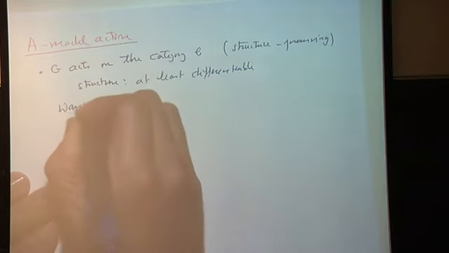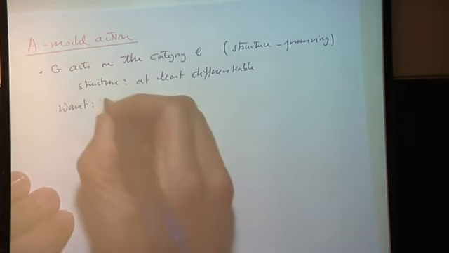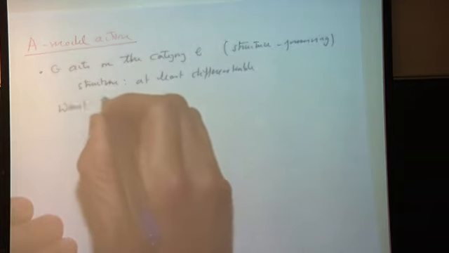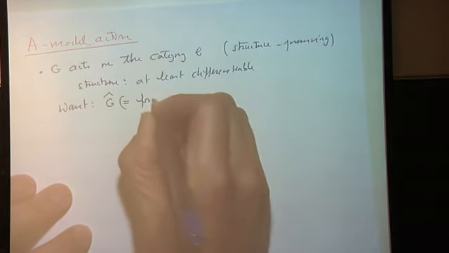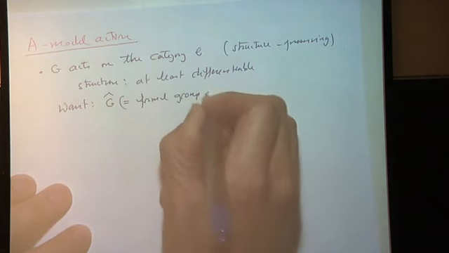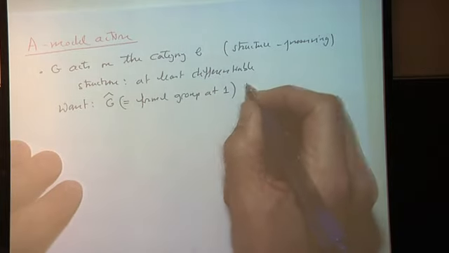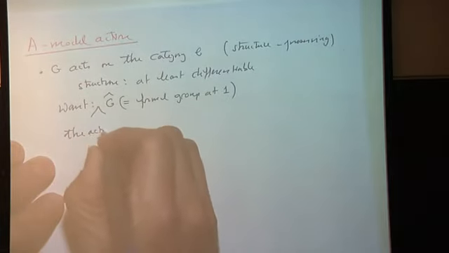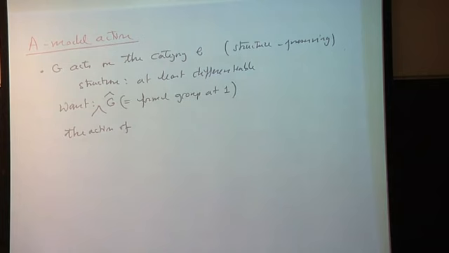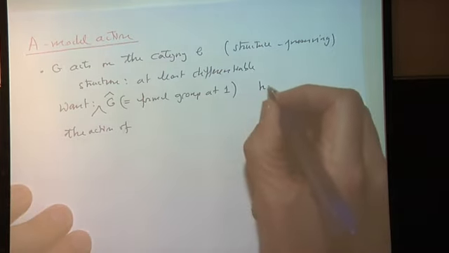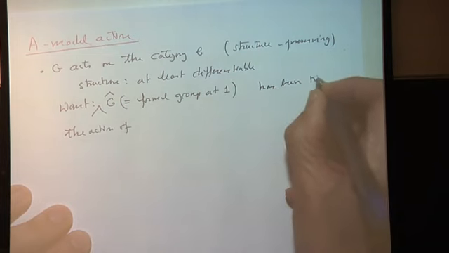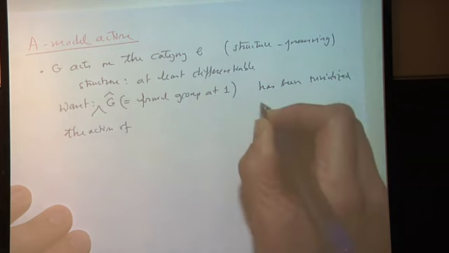And then I want to ask that the Lie algebra or the formal group G hat, the completion of the group at 1, so the action of G hat. If G acts, any subgroup acts, including the formal group, that's really the Lie algebra. In other words, another way to say it: the action of G hat has been trivialized, possibly homotopy trivialized.